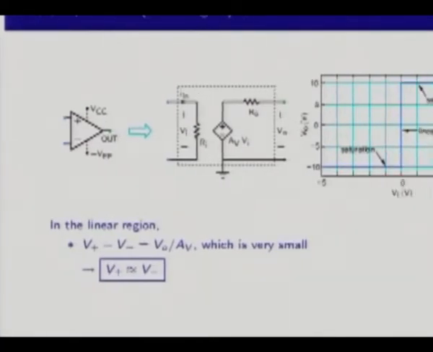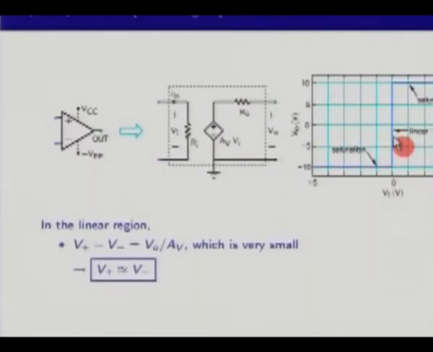We have already said that this linear region is extremely narrow, and if your op amp is in this region, what it means is your V plus minus V minus, this difference here, is the output voltage, which could be anywhere between minus 10 and 10, divided by AV, the voltage gain, and the voltage gain is 10 raised to 5, 100,000. What it means is this V plus minus V minus is nearly equal to 0, and therefore we can say that V plus and V minus are nearly equal if the op amp is operating in this linear region.